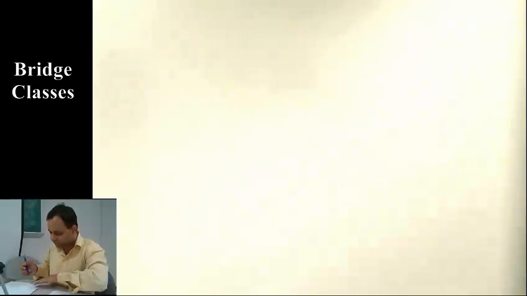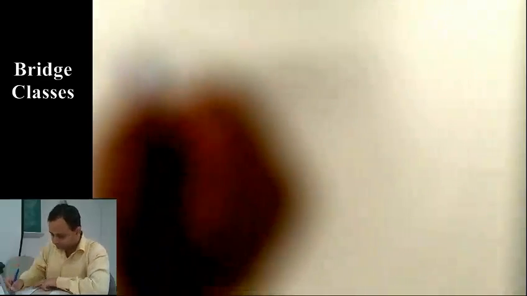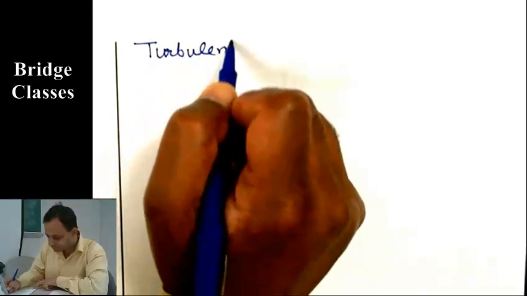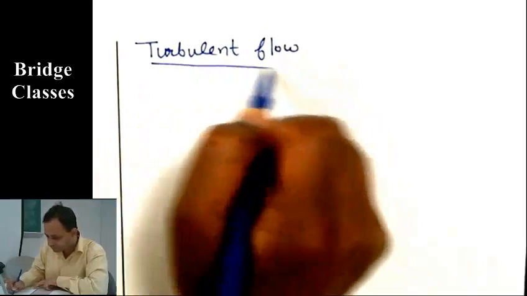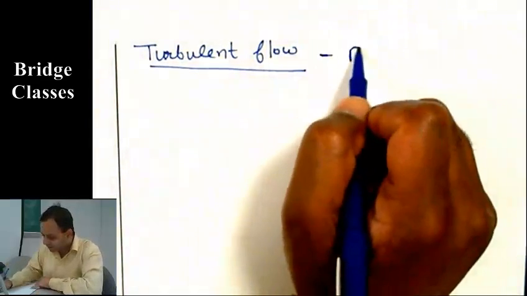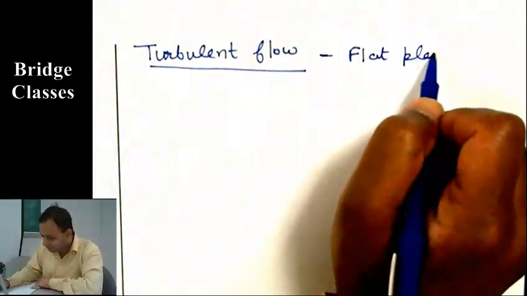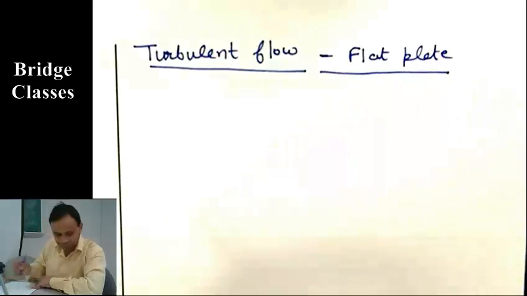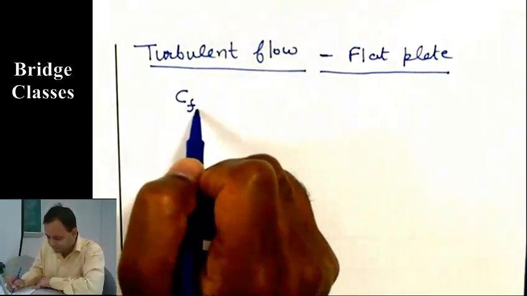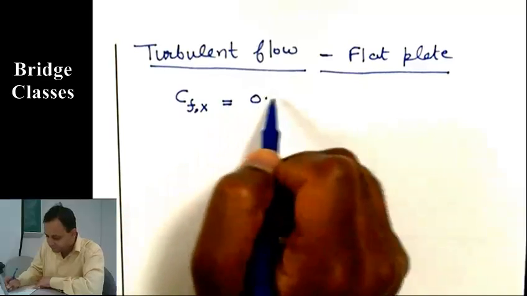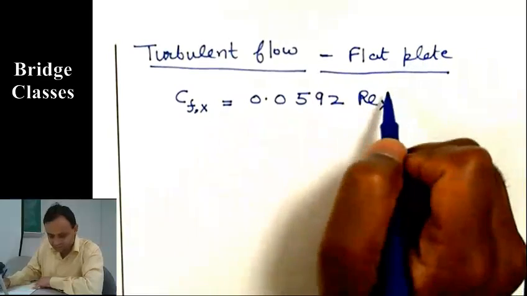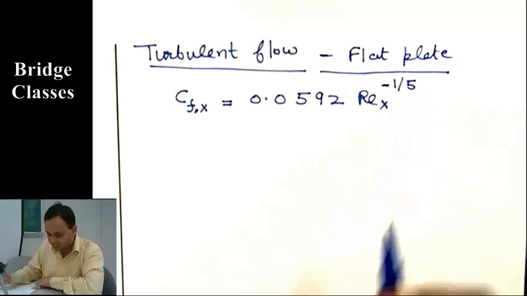Now for turbulent flow, and we are talking about a flat plate, we have this experimental correlation that Cf is 0.0592 times Reynolds number to the negative 1 over 5.